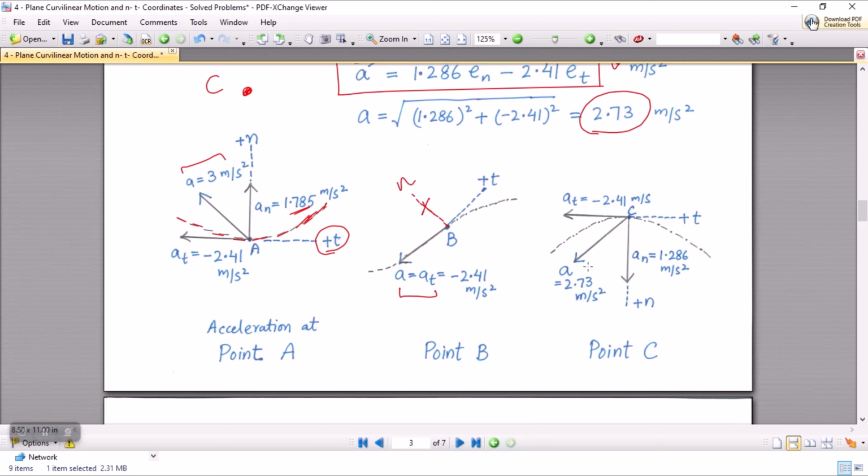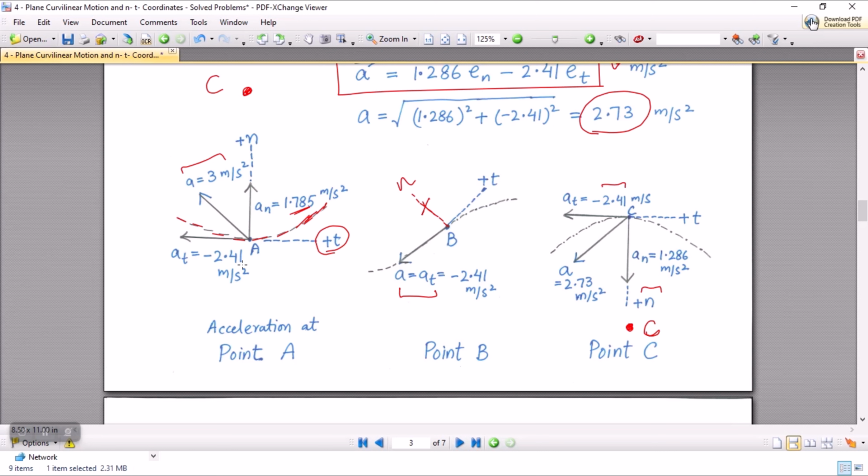The point C was the peak of the hump, so it is a concave downward curve. So center of curvature will be somewhere, for example, here, right? And at point C we determined the normal component to be 1.286. It is a positive quantity, which means it should be towards center of curvature or plus n direction, and the A sub t is a negative quantity, so it should be towards the minus t axis and with a value of 2.41.